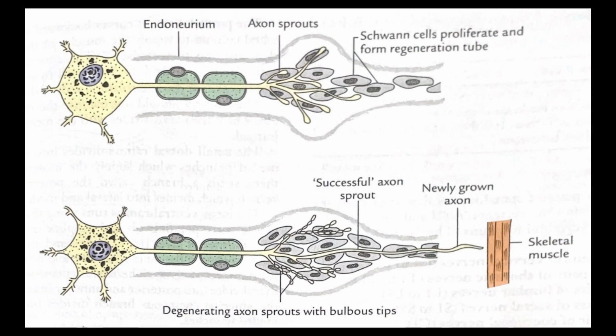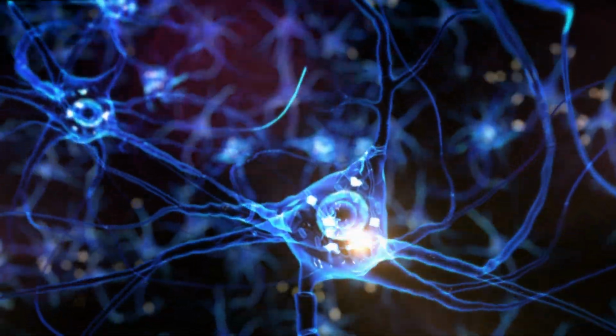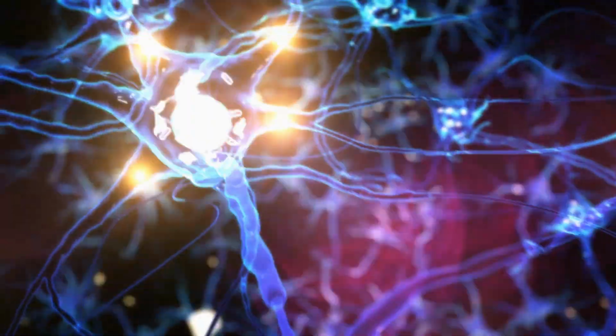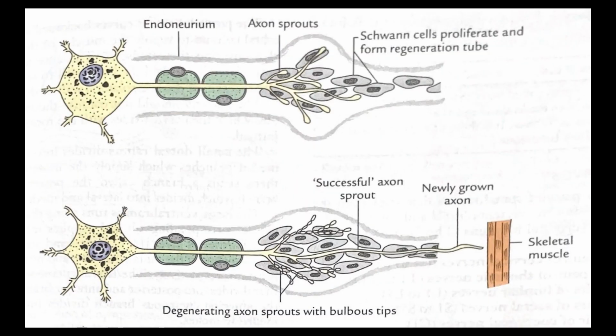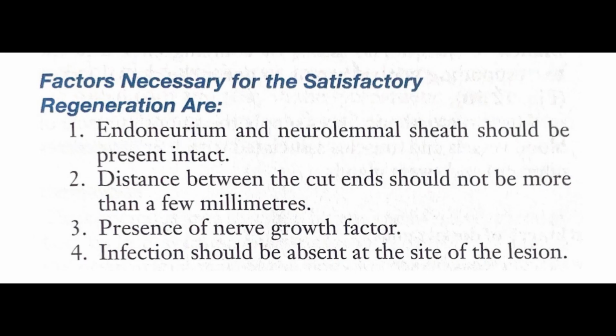The part of axon that is connected to the cell body begins to grow, forming sprouts with bulbous tips and enters the cord of neurolemmocytes. The neurolemmocytes of the cord secrete a chemical substance, the nerve growth factor, that attracts the growing axon tip and guides it to its proper destination.